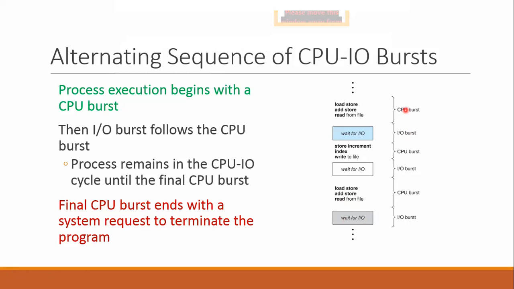The process will keep progressing between these two stages, the CPU execution stage and IO wait stage. And this process continues until there is a final CPU burst, a final CPU execution stage. And this final CPU execution stage will terminate the program by issuing a system request to terminate the program.